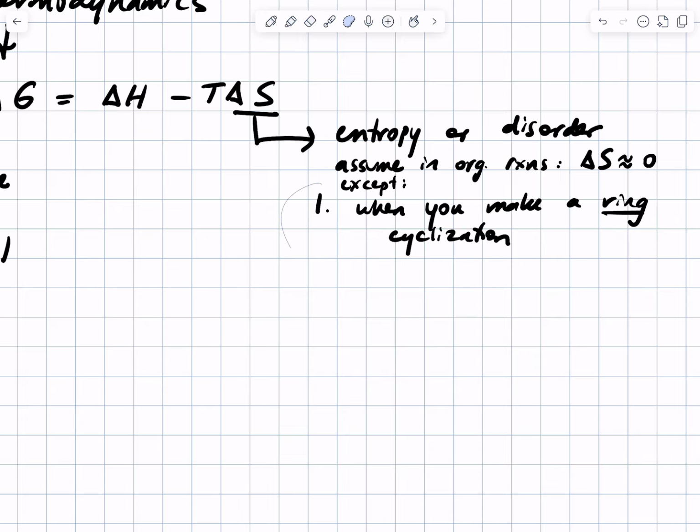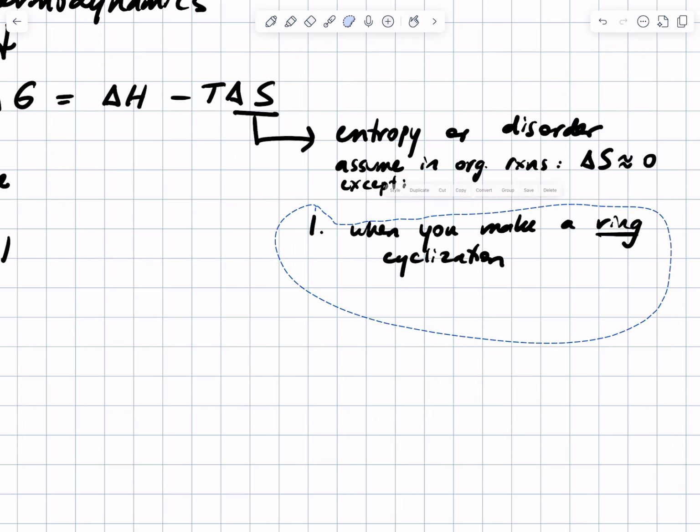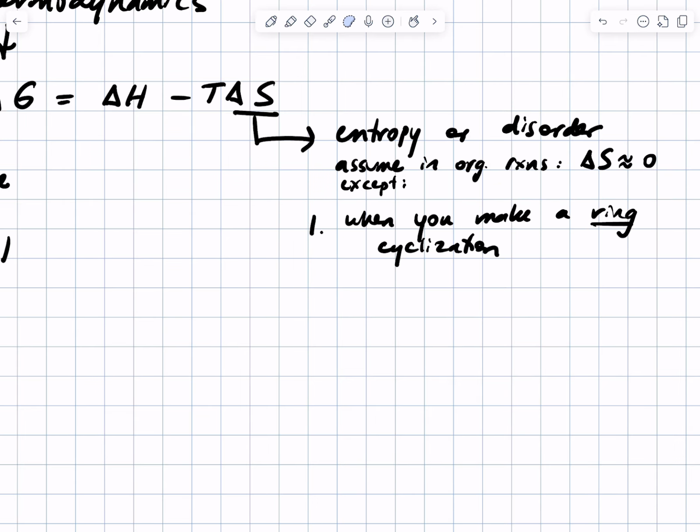That often reduces disorder because, as you've seen if you've played around with a model set, you can move a 6-carbon linear chain around in a lot more ways than you can move a cyclohexane ring. Being in a ring reduces entropy.